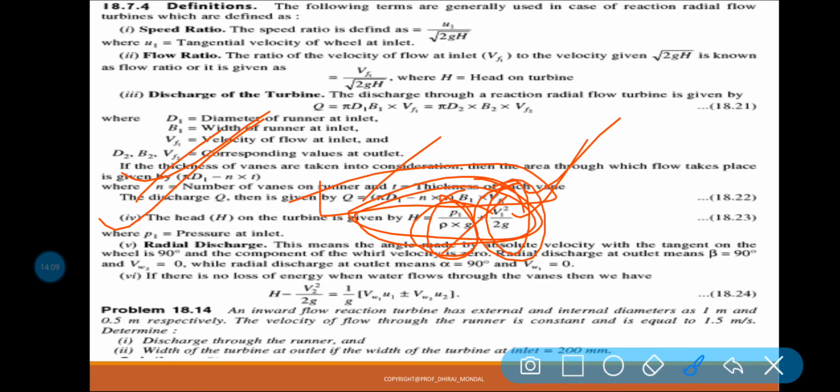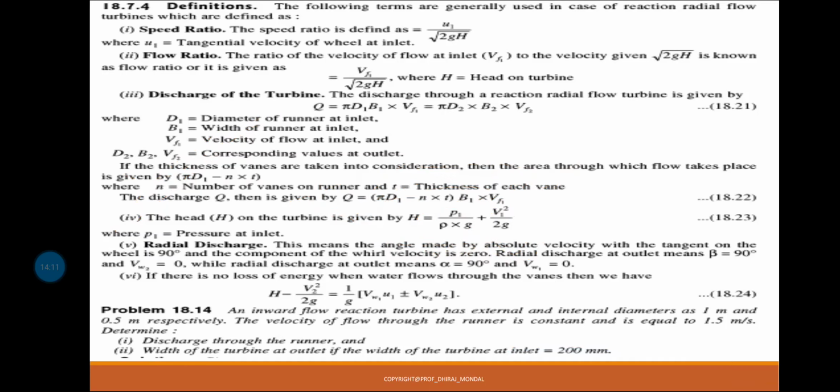Now if you want to find out radial discharge, you know that if the water is flowing radially, then at that time beta will be 90 degree.